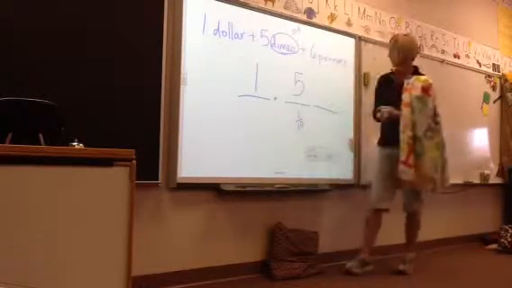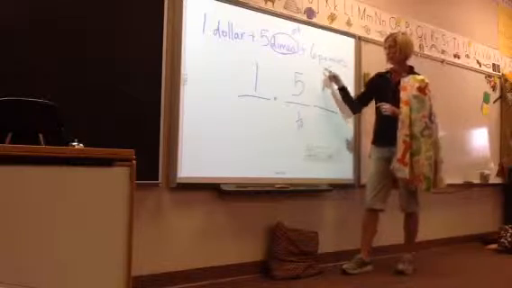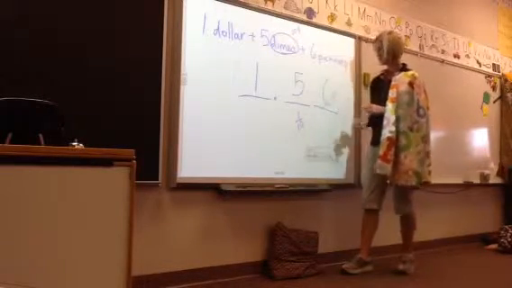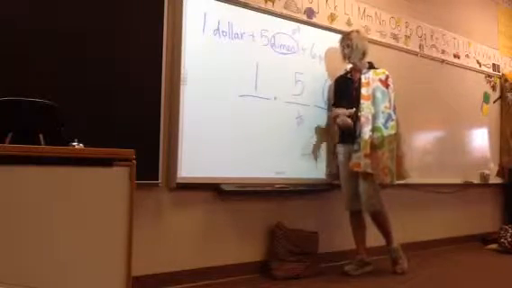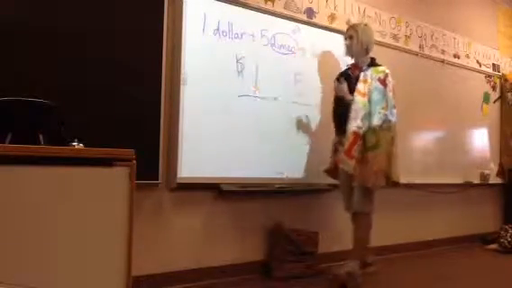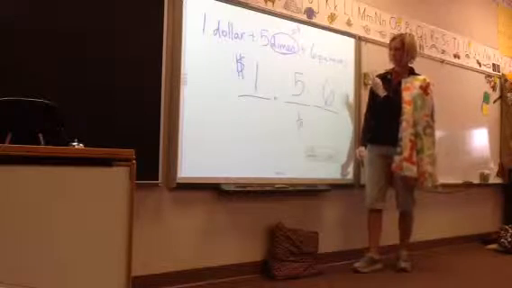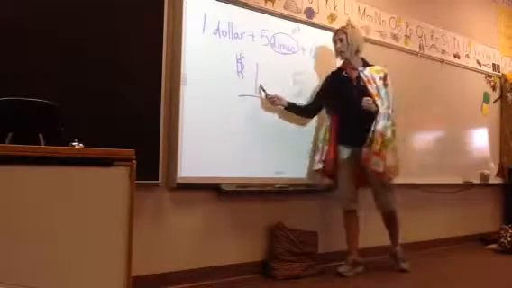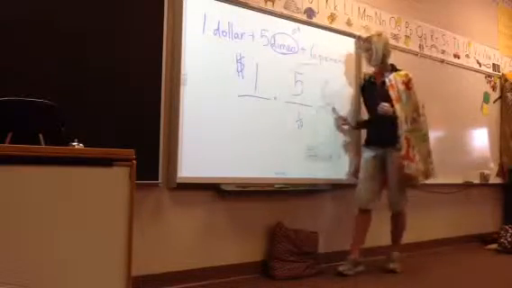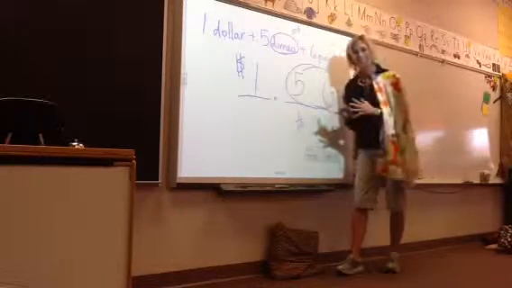Okay? And then here, I have 6 pennies. I have 6 hundredths sitting there. So how do we say this in money? Try it. Go. Okay. $1 and 56 cents.